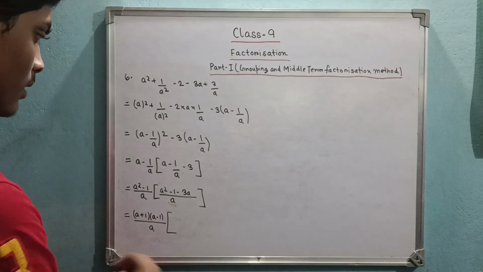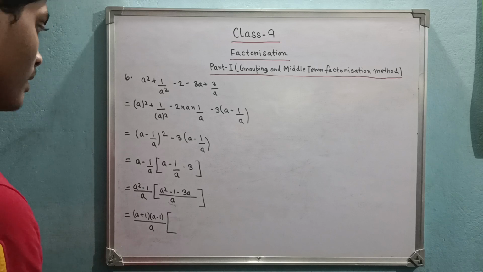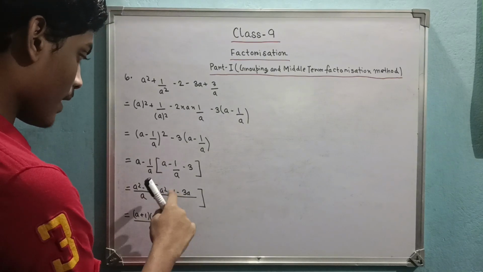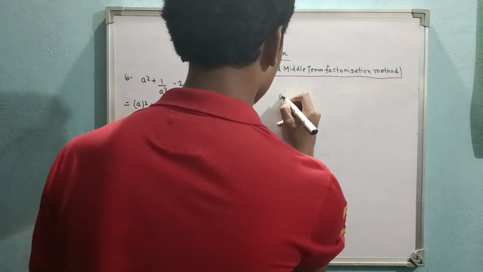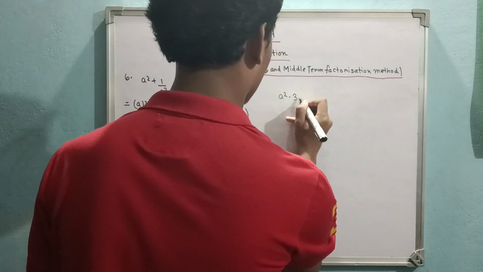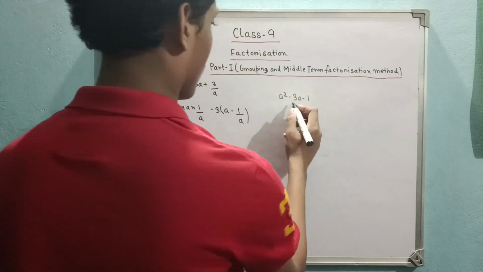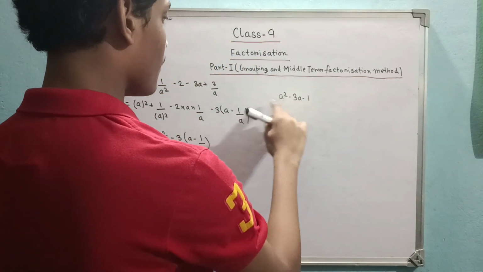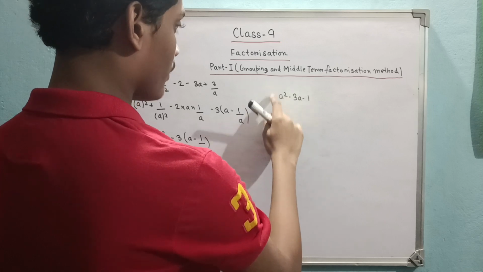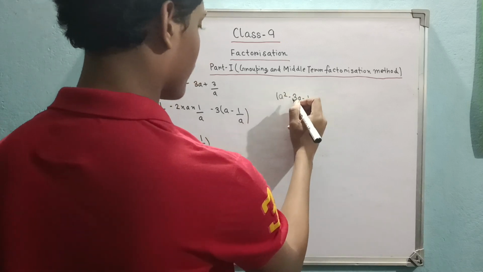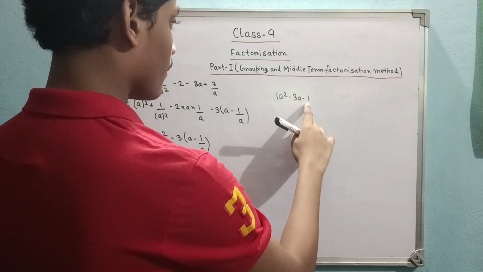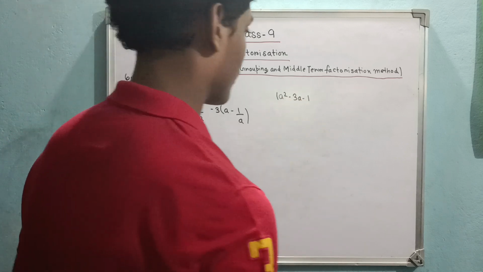So can it be factorized? Let us see. So what is it here? A square minus 3a minus 1. Okay, let us write here. So here we have minus 1, it's a product of this, and minus 3 as the middle one. So here it can't be factorized actually.